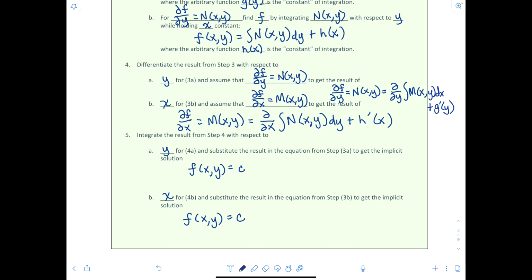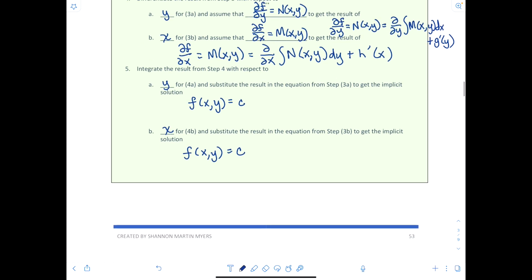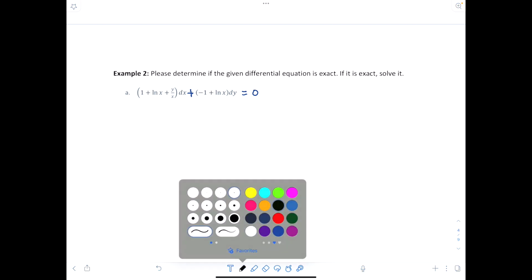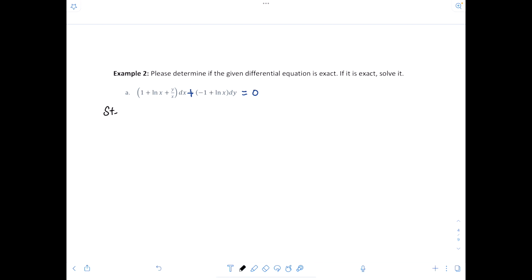Groovy? Okay, so let's look at an example. I told you I had an evil plan about this. So here we go. Step 1, we've got to figure out if the first partial of M with respect to y is equal to the first partial of N with respect to x, my bad.